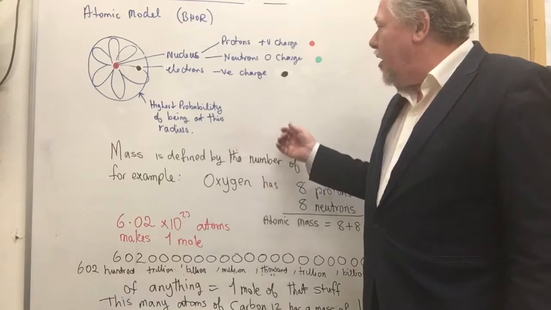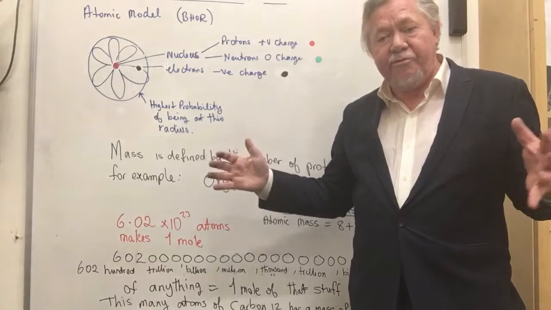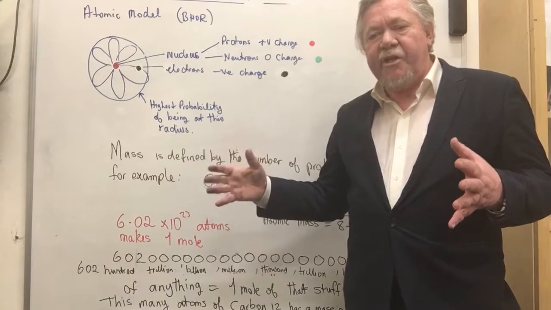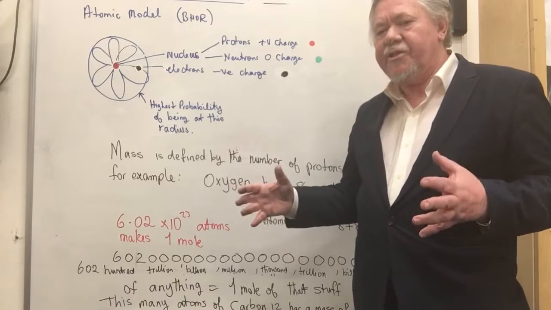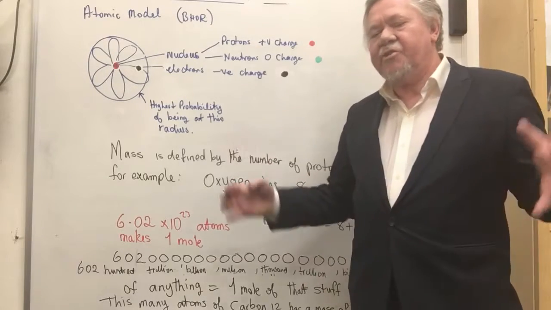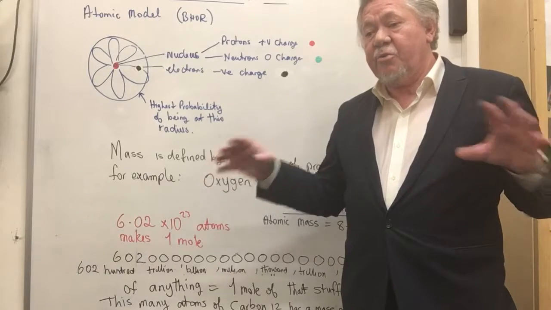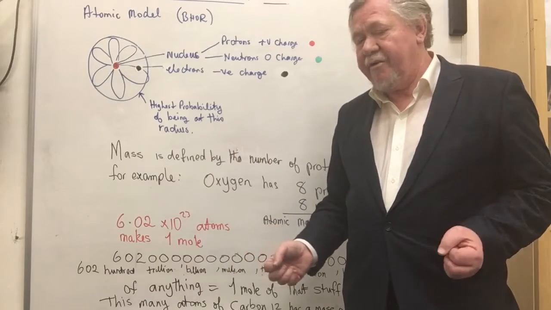And the more protons and neutrons it has, then obviously the bigger the radius, so really the bigger the atom is. So not only is it bigger because it has more stuff in the middle, but it's bigger because it needs more space in which these electrons will be flying around it, okay?